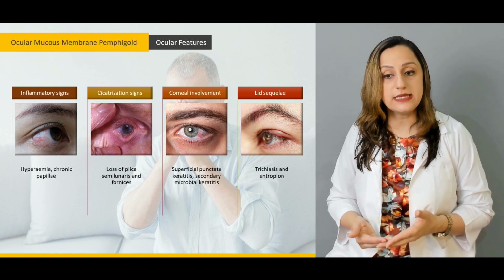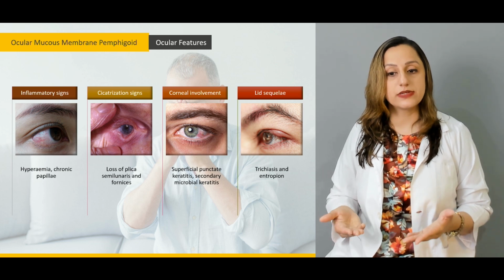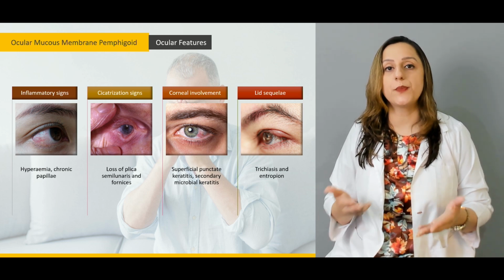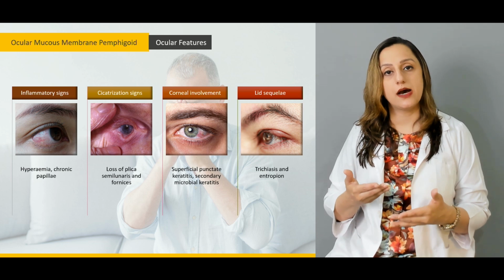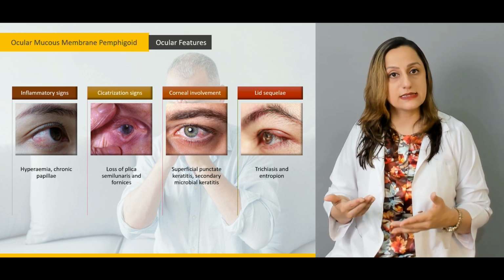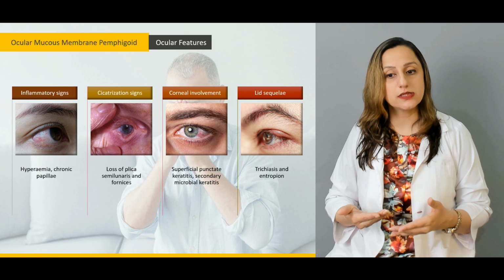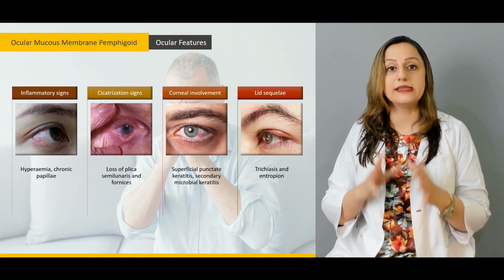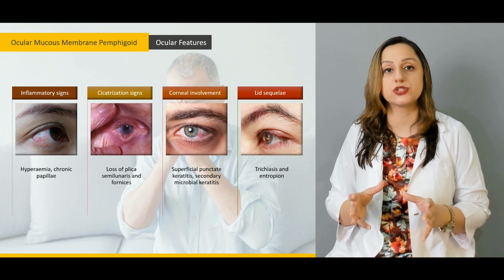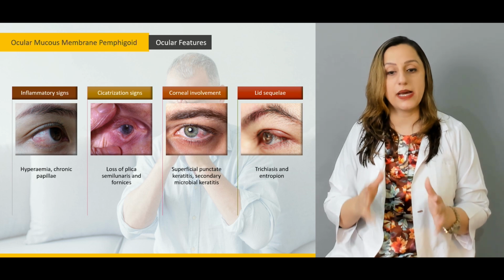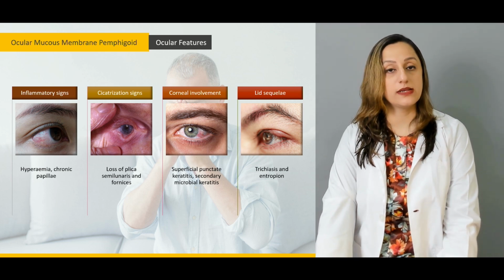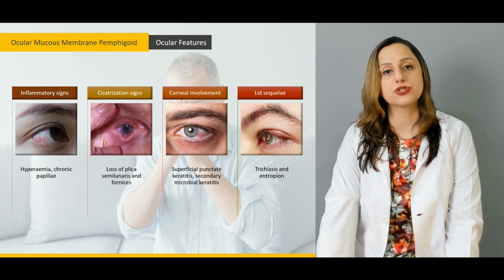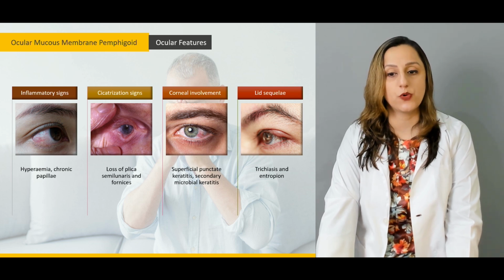Obviously it can also result in entropion, that is, inward directed eyelids. So entropion and trichiasis would be the lid complications that occur in pemphigoid vulgaris or the ocular conditions of mucous membrane pemphigoid.